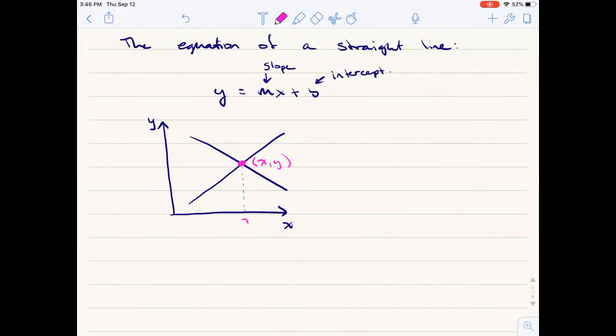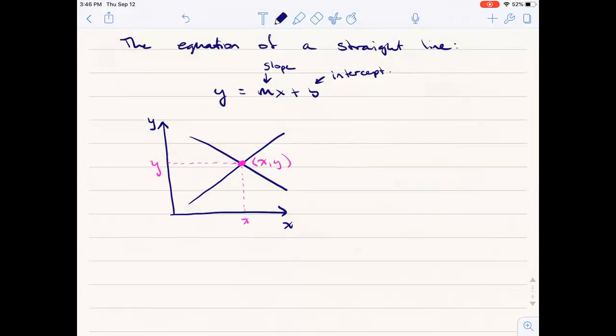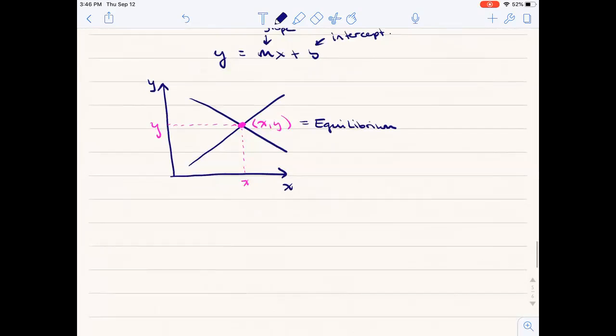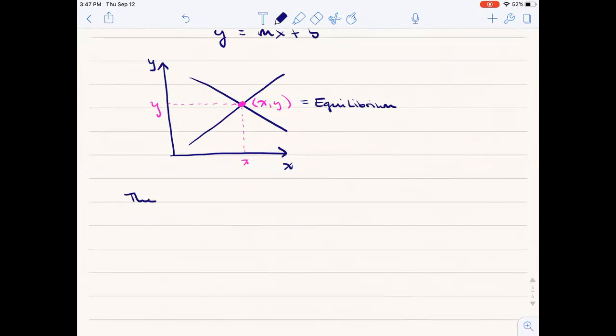So at this point of X and this point of Y, that's your equilibrium point. The point of intersection, or the equilibrium, is also the solution to the system.